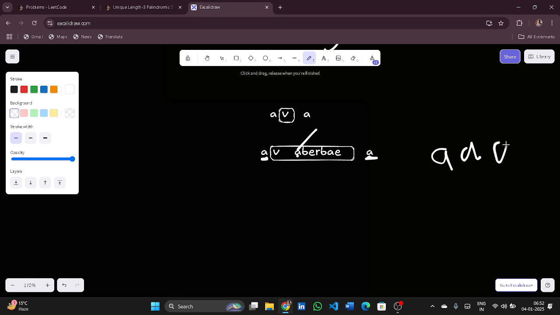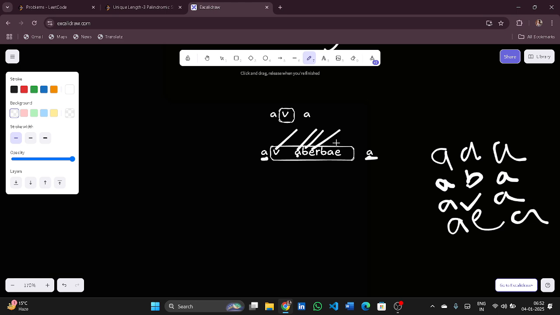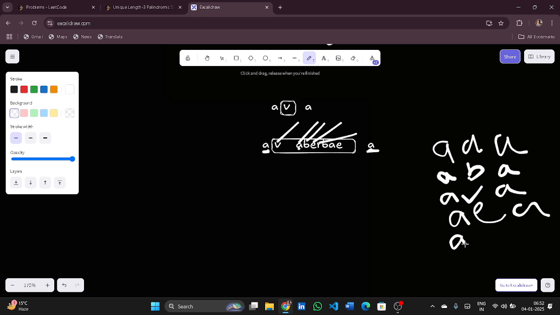A and A. This is one palindrome. And here there is one B. Let me not forget this B. Here A, one B, and one A. Now here you got B: A, B, A. Now here you got E: A, E, A. And here you got R: A, R, A. Here you got B, but ABA is already included.